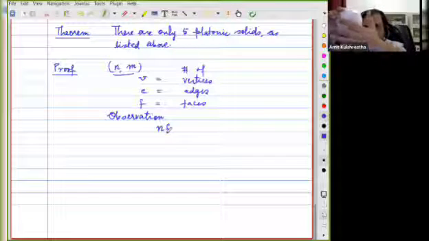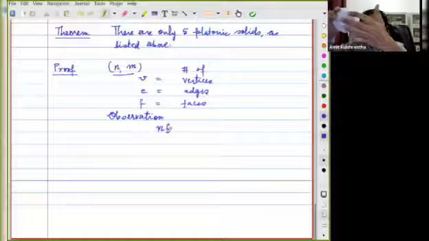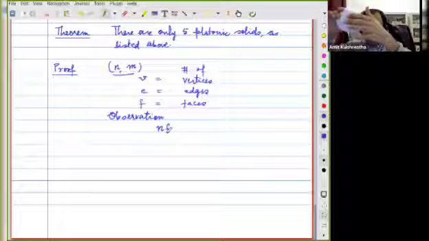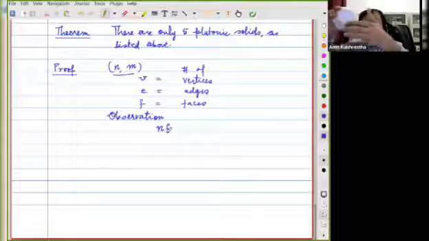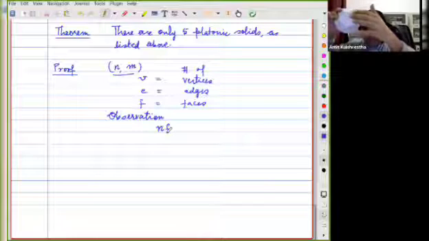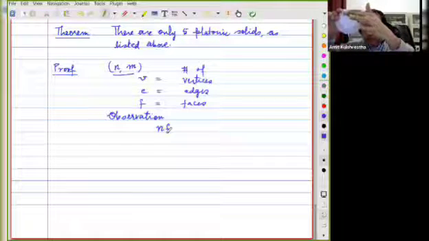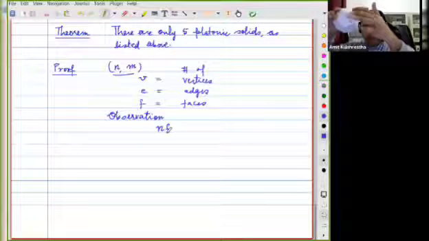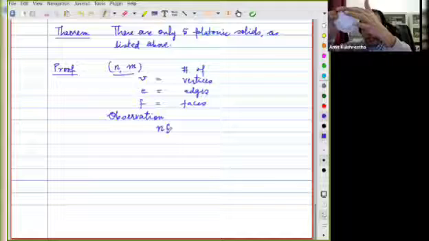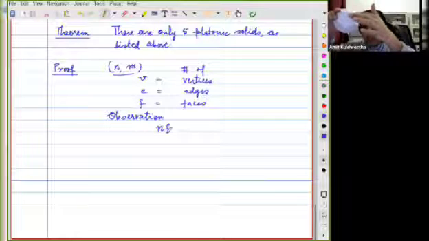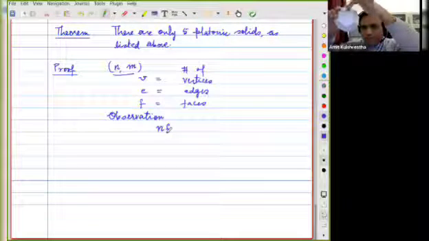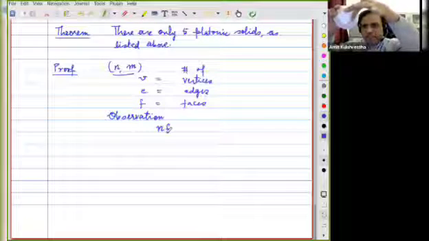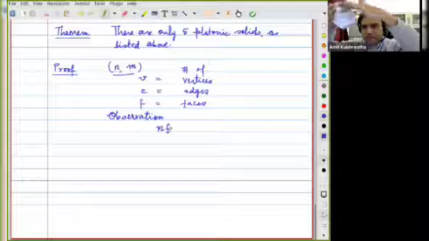So what I did, I multiplied this N by the total number of faces. Except that I have made one small mistake, because my intention was to count the number of edges. What I have ended up with is counting each edge twice, because this particular edge was counted when I was multiplying this 5 with this face and also with the other face.